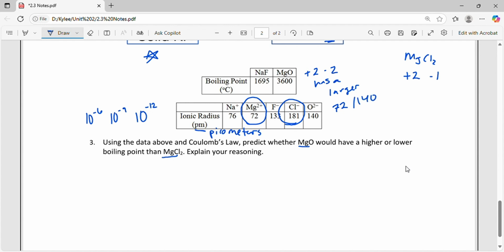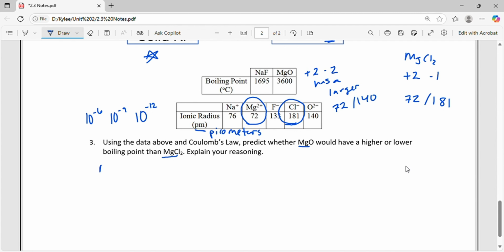But in the one they want us to compare it to, we've got 72 bonding to chlorine, which is a radius of 181. And so our radius is bigger for the anion, and we don't have as big a charge. So I need to explain that using Coulomb's law. And anytime they want you to compare two compounds, you need to reference both of them. So I'm going to try to do that in my example.